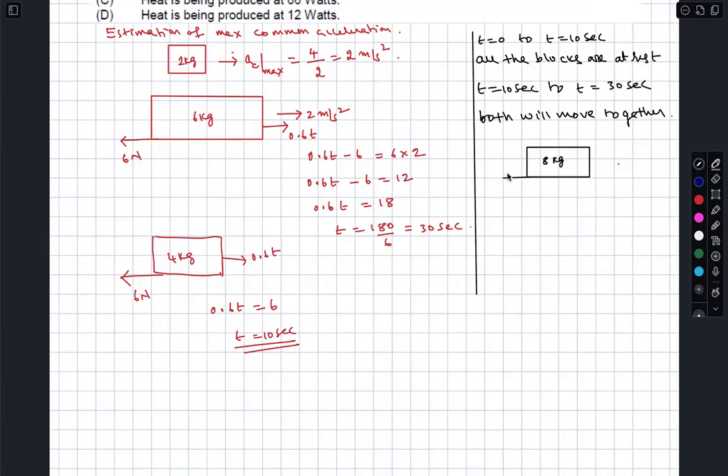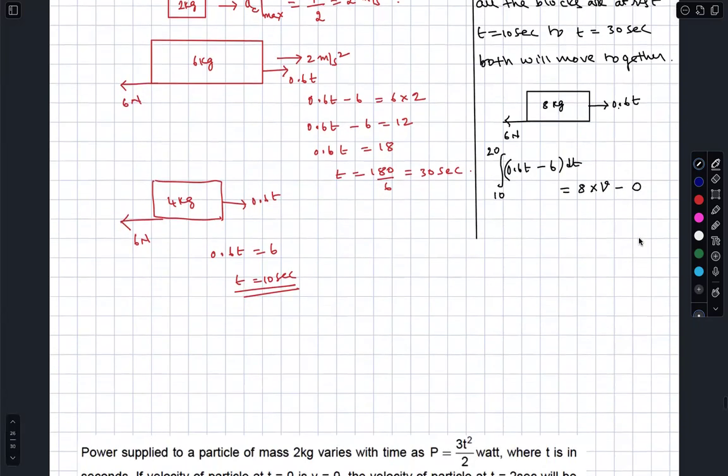This is experiencing a constant 6 newtons opposition, and 0.6t external force. Now you apply the momentum impulse theorem: the integral from 10 to 30 of (0.6t minus 6) dt. This is force into time of application. This implies change in momentum, 8 into V minus 0, because the initial momentum of the system is 0.